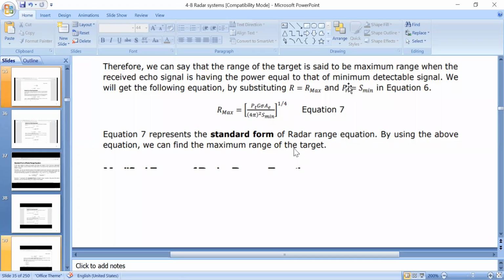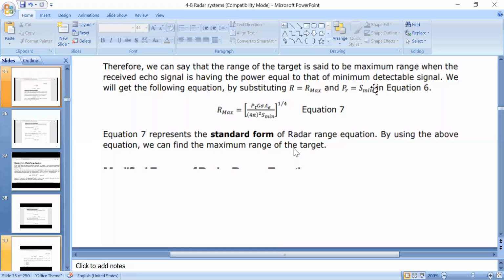Because whenever received power is equal to S minimum, then only the target is detected. That means S minimum is the minimum detectable signal. So whenever the received echo power is equal to the minimum detectable signal, then only the target is identified. Otherwise, it is not identified. So that's why we are considering R is equal to R maximum, PR is equal to S minimum.